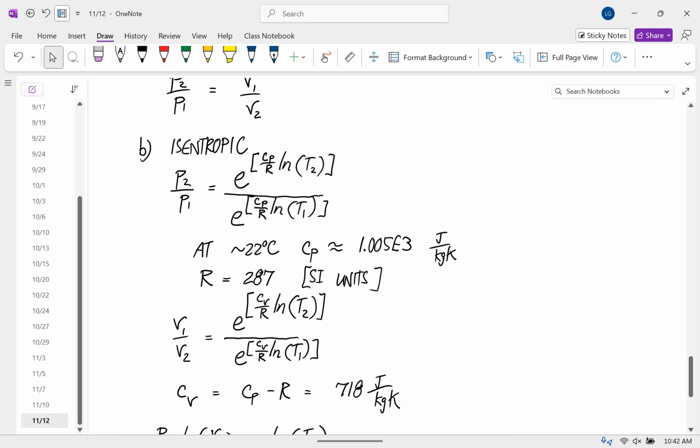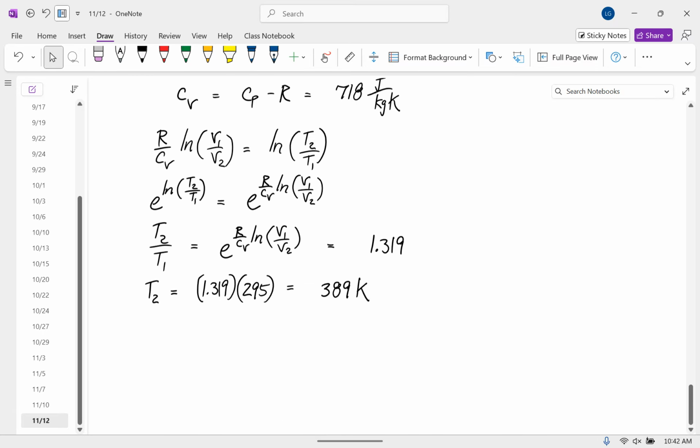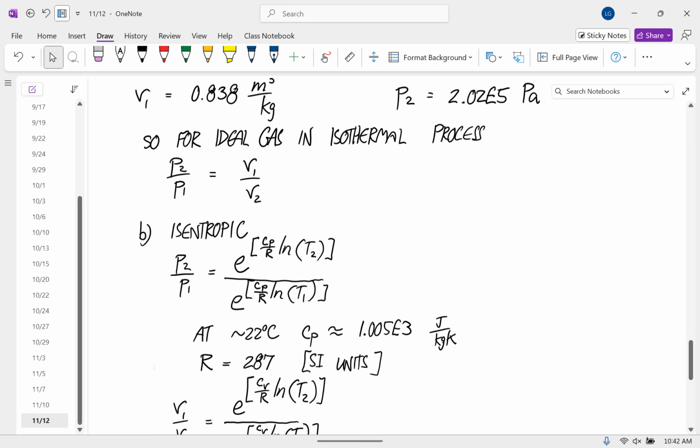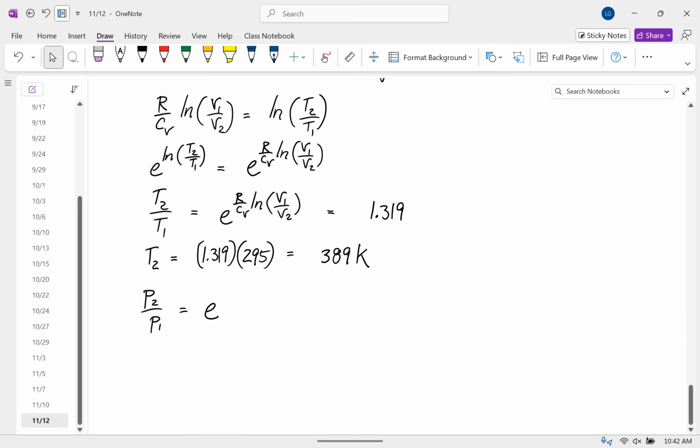And now we can go back to this expression for the pressures. So P2 over P1 is equal to e to the power of Cp over R times the natural log of T2 over T1, which is 2.637.